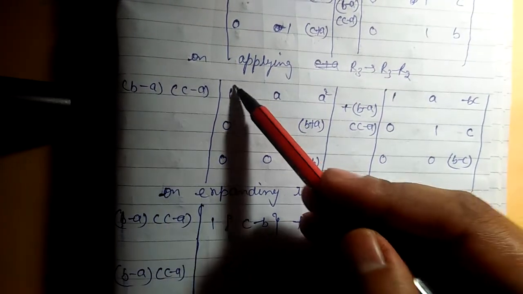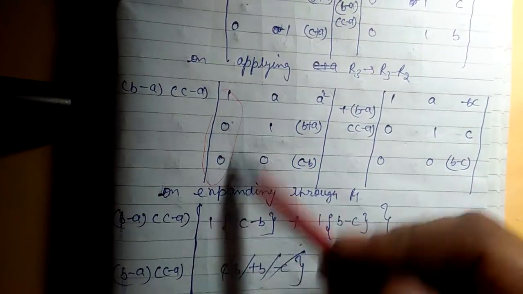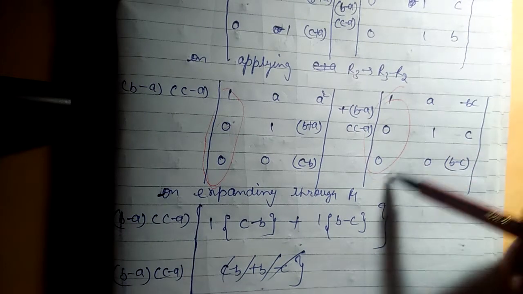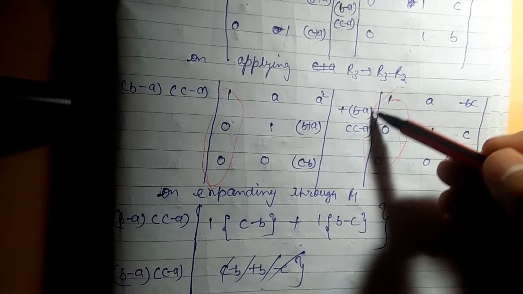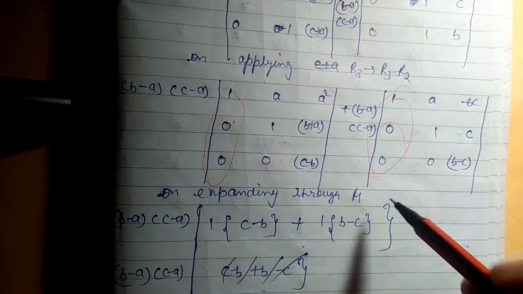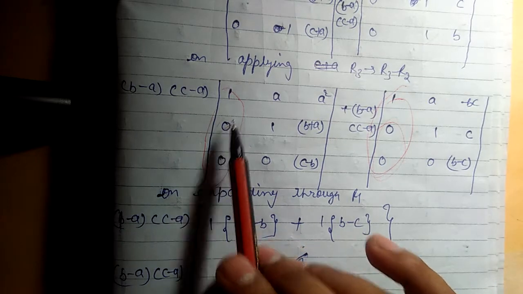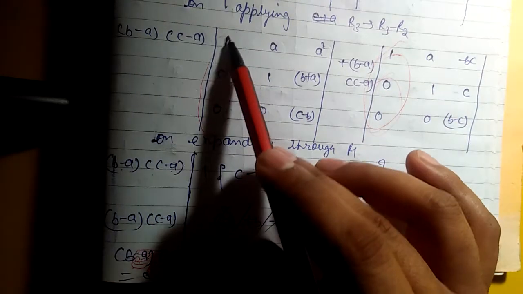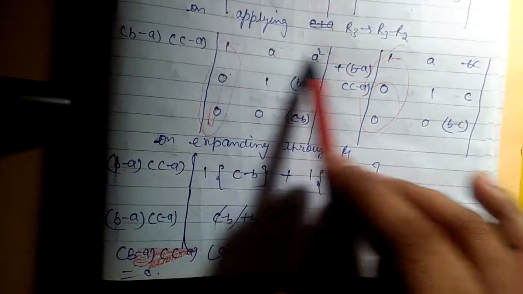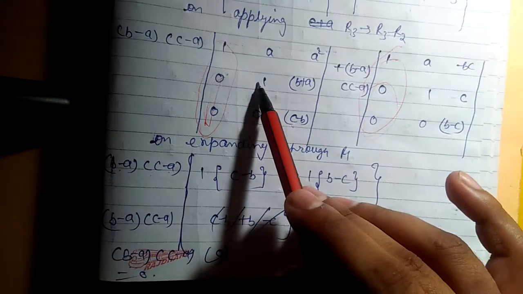Now here in this R1 there are two zeros, and here in this R1 there are two zeros, so we can expand this very smoothly through R1. So we are going to expand through R1 here. When you apply this, you will delete this and this, then you will get c minus b minus 0.